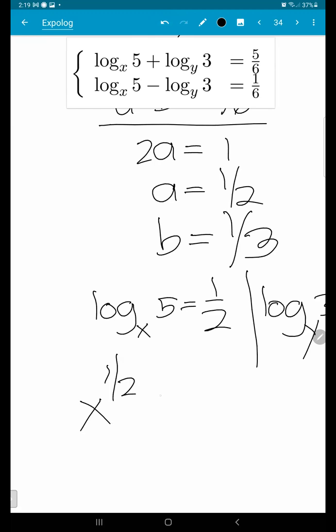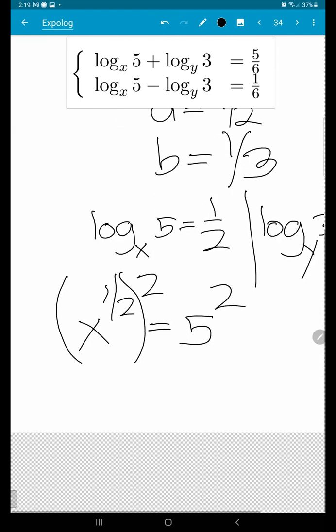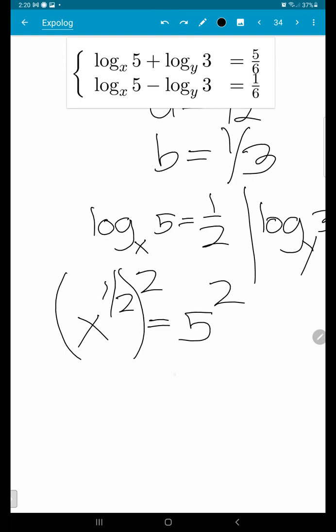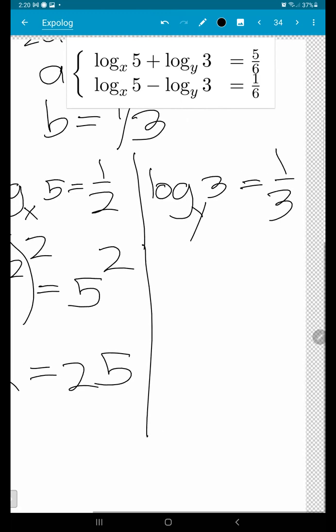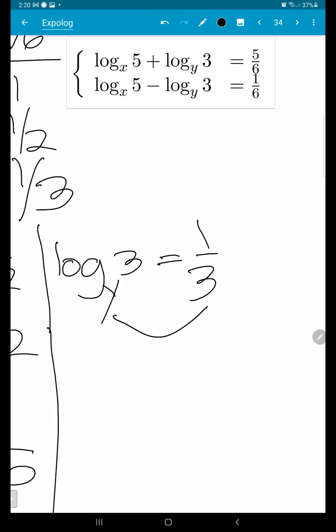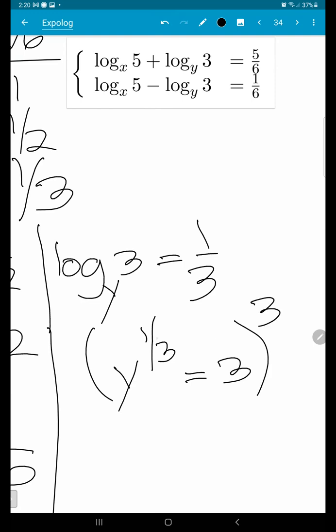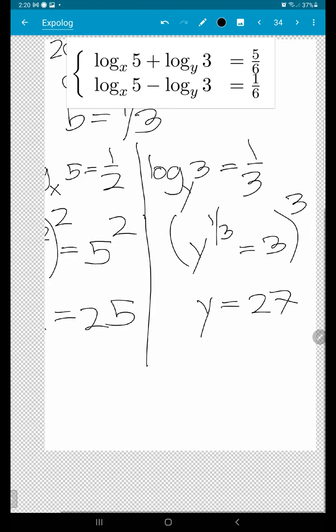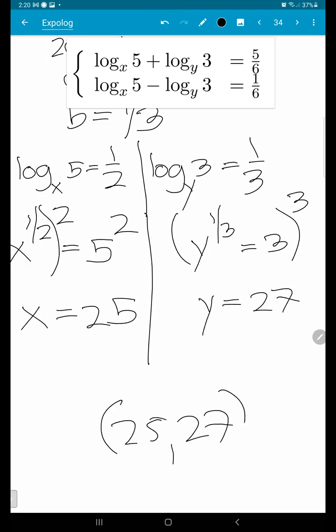You have 5 to the 1/2 equals x. And for x, you just have to make this 1. So you square both sides. 1/2 times 2 is 1. So that's just 5 to the 1. Then same thing for the other. You cube, get y equals 27. And this is your answer.